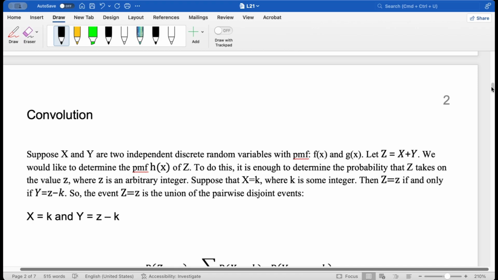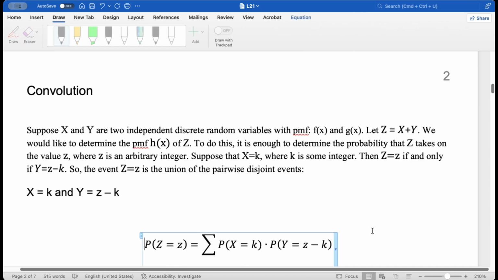So once x is k, y has to be the total minus k. And so again, assuming these are independent here, we can do the probability by taking the product of the probability x equals k times the probability y equals z minus k. And so this calculation can be used to construct the PMF, probability mass function of the sum.